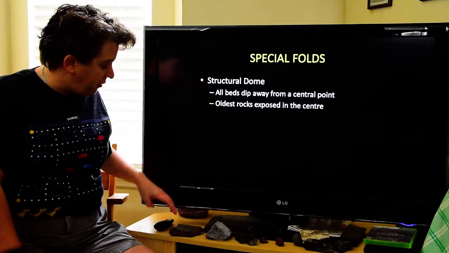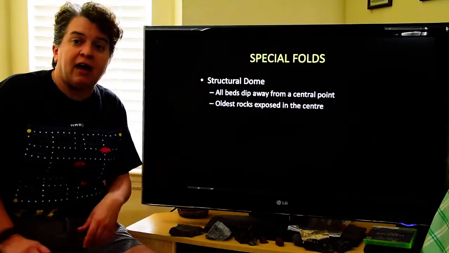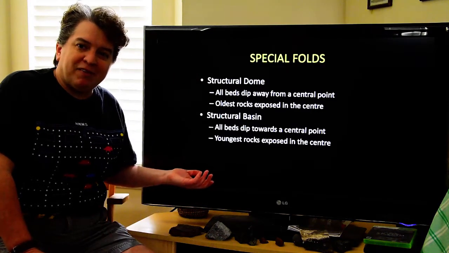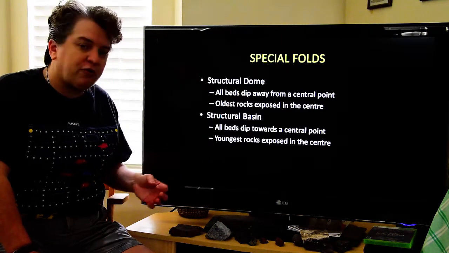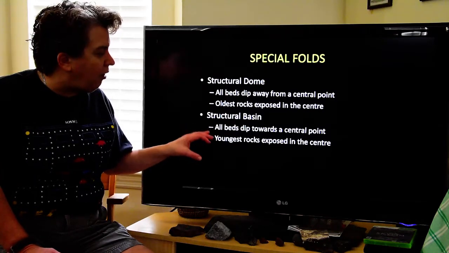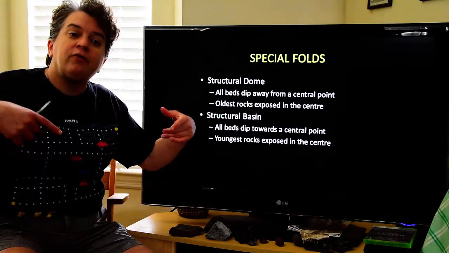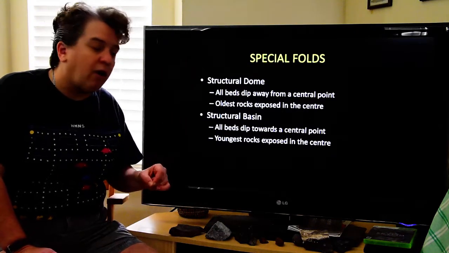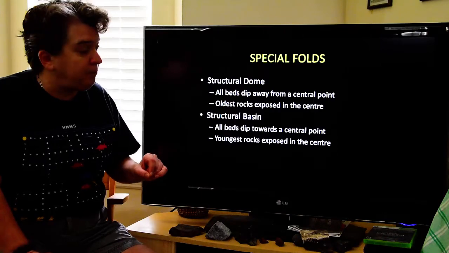And in this case, the oldest rocks are exposed at the center. The opposite of this structural dome is a structural basin. And in this case, all of the rock layers dip towards a central point. And the youngest rocks are exposed in the center.